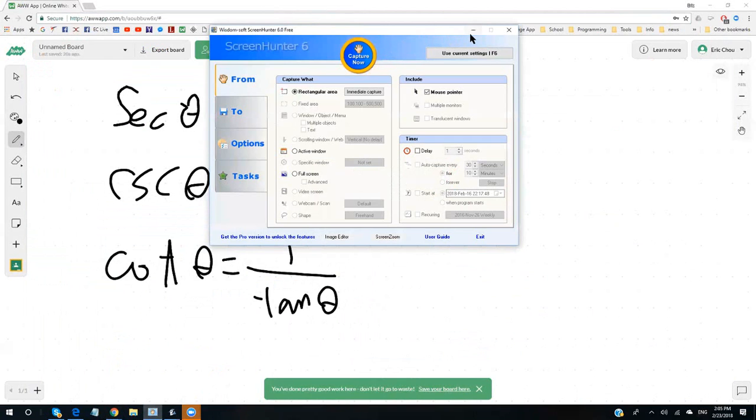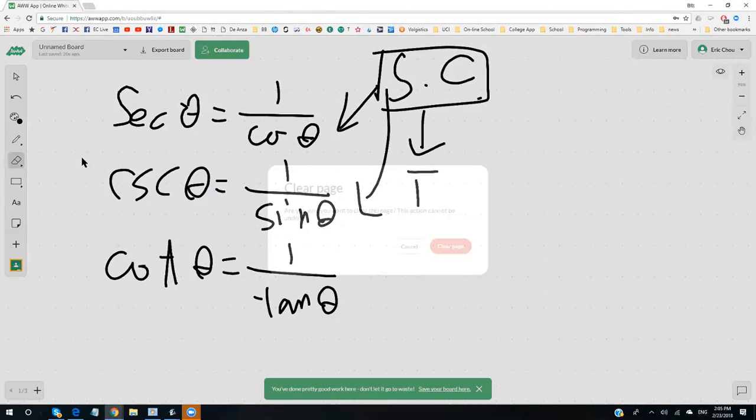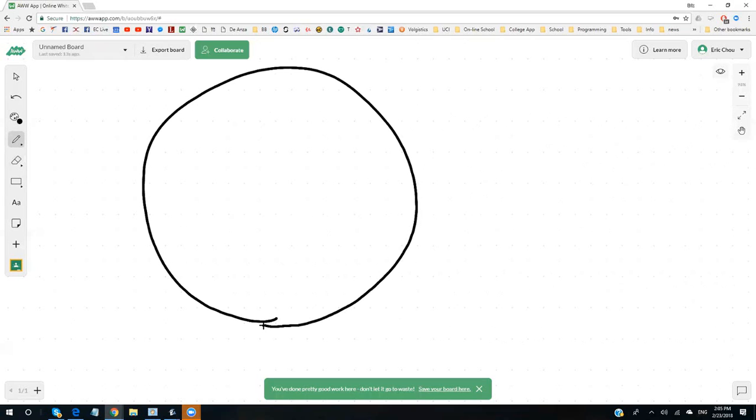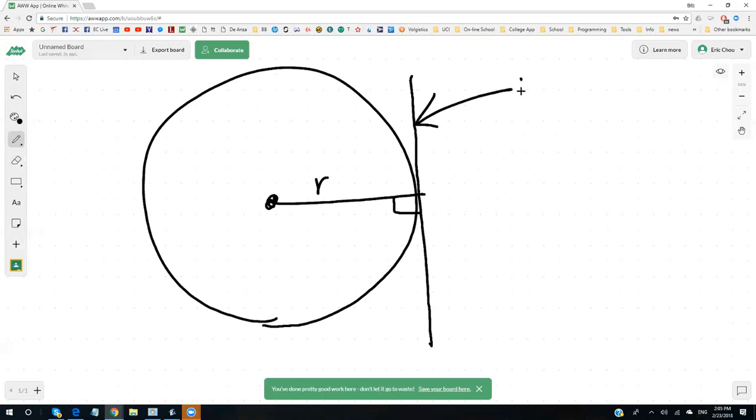Okay, let me erase this now. So we have a circle. Here is something cutting it. There's a perpendicular direction. Here is your radius. This guy is called the tangent line.